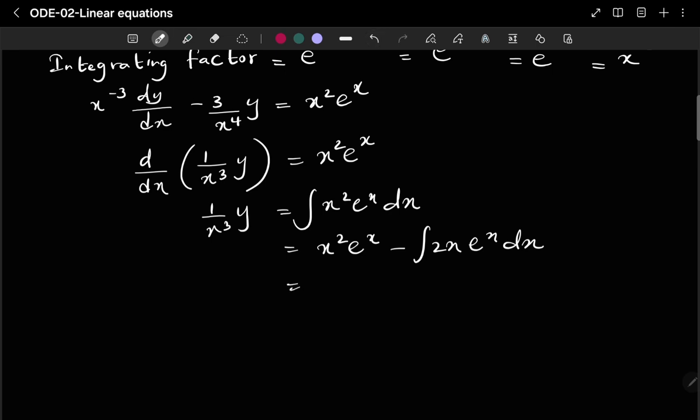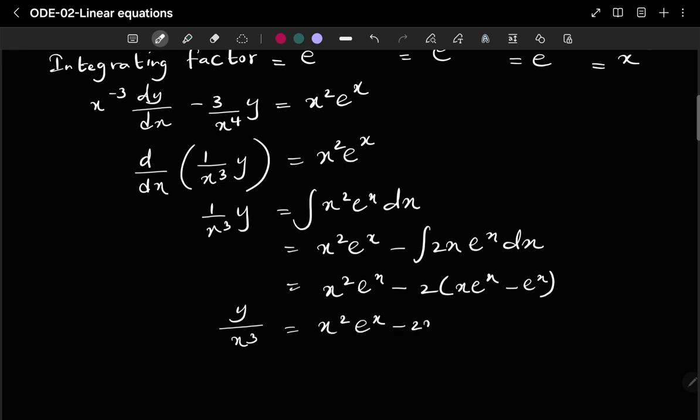So here x squared e^x minus the integral of 2x e to the power x dx, we get x squared e^x minus 2 times x e^x minus e^x. And here y over x cube is equal to x squared e^x minus 2x e^x plus 2 e^x plus c.